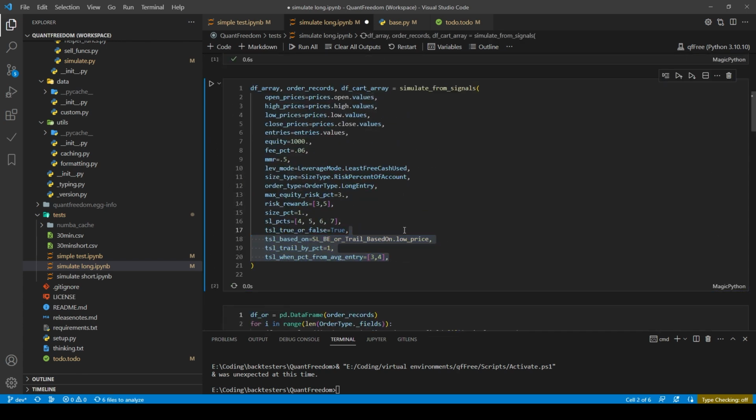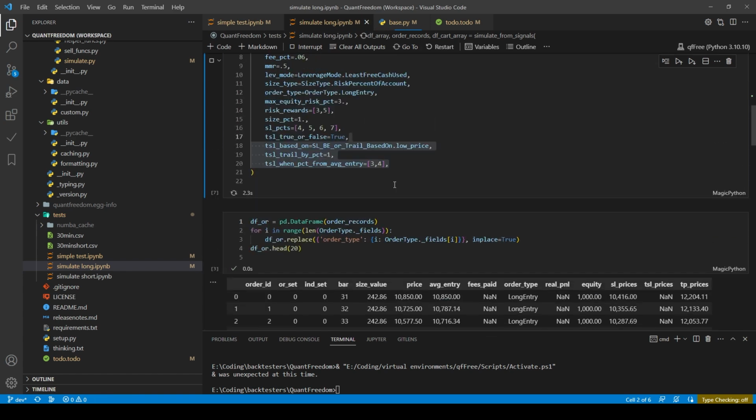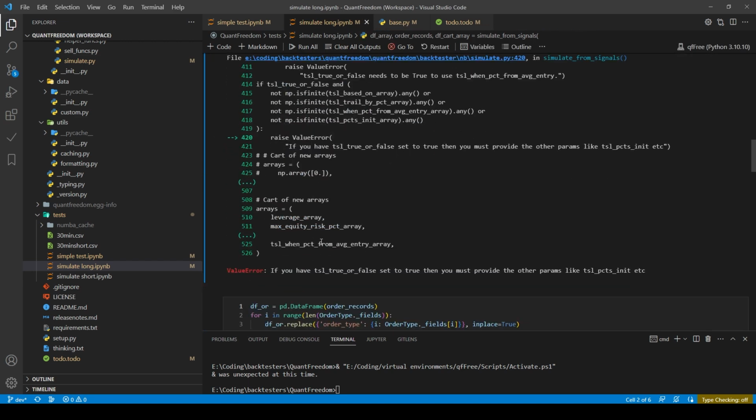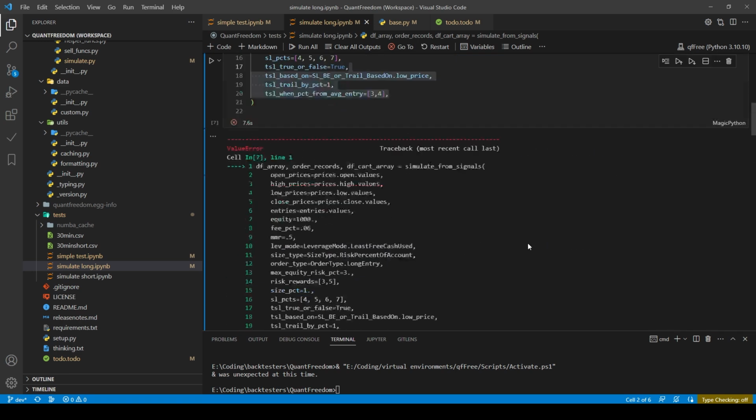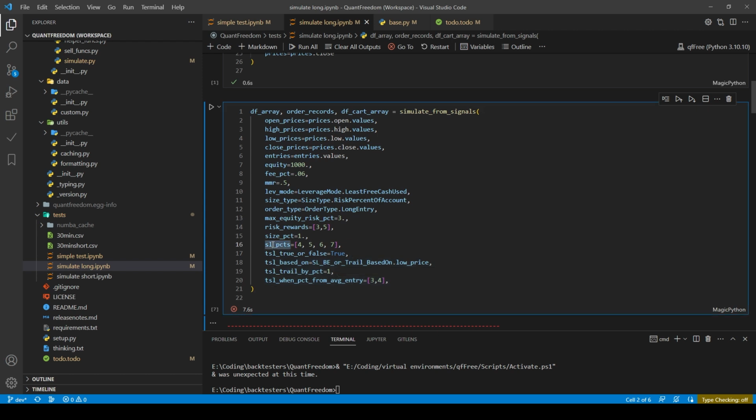What if we did this? There should be an error. If you have trailing stop loss set to true, then you must provide stop loss percent. So trail by 1, 2, 3, and 1, 2, 3, 4.